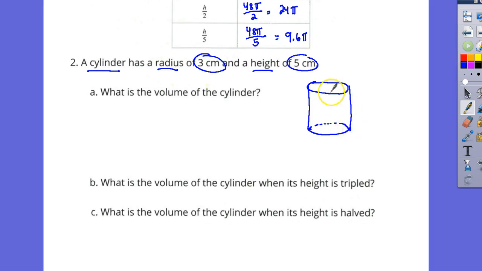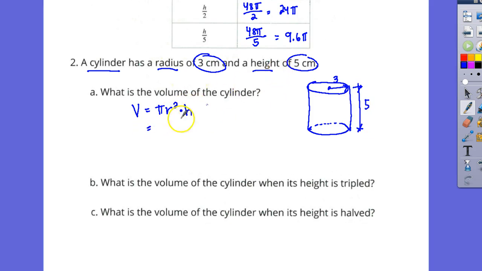Your radius will be from the center to any point on the circle, and that radius is 3, and the height is 5. The volume of a cylinder, we can figure that out by using the formula V equals the area of the circular base, which is pi r squared, times the height.